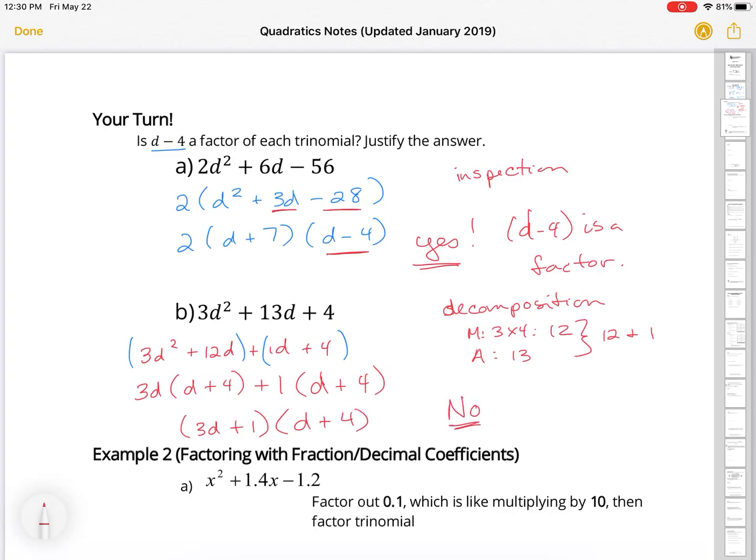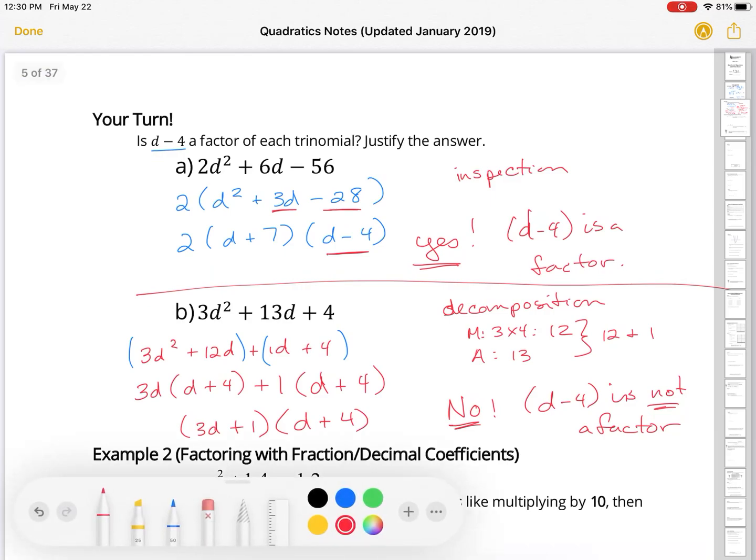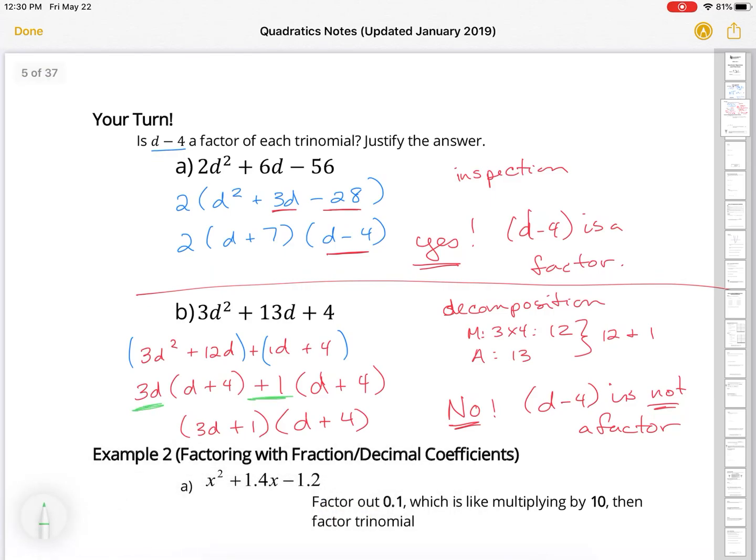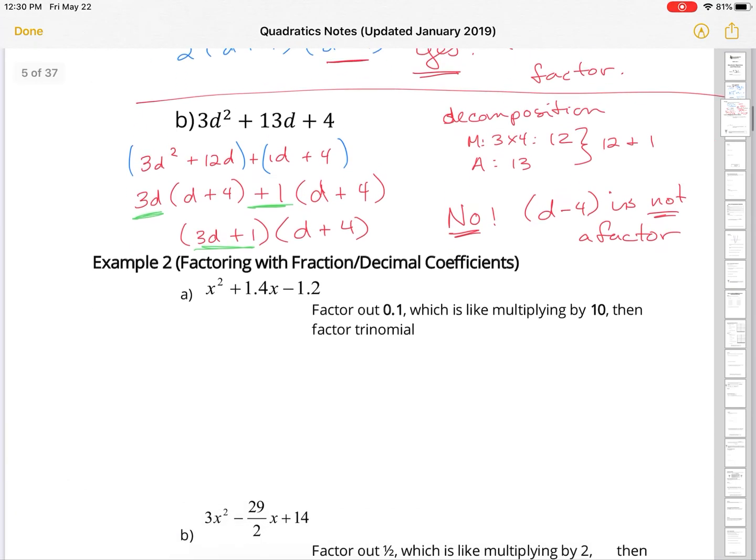So here, no, d minus 4 is not a factor. Alrighty. So remember, this and this is where you get this from. I just take what's left over. Basically, what I'm doing is dividing d plus 4 out as a common factor.